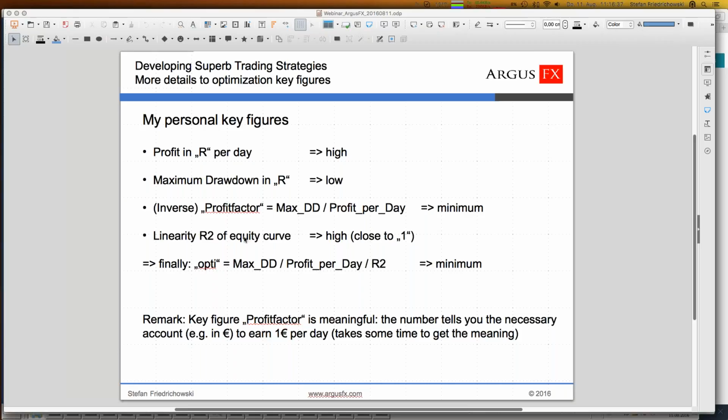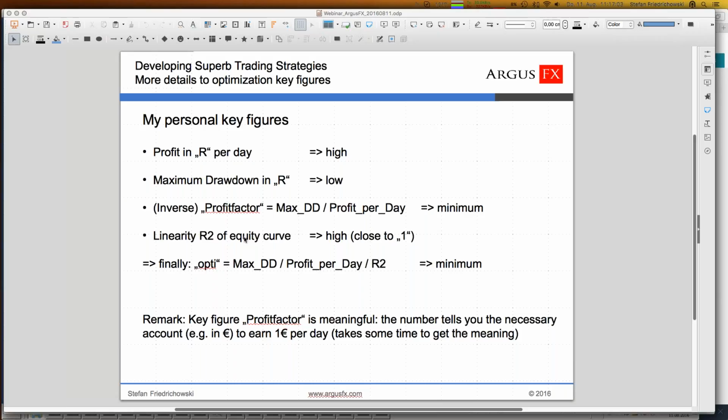Of course, you might think about other key figures of strategies like, for example, Sharpe ratios and so on. You can apply those as well, but I want to have it extremely simple and with really some numbers which I have always look for when I go to my account and look for my strategy.